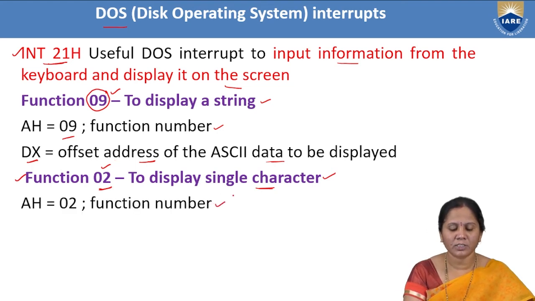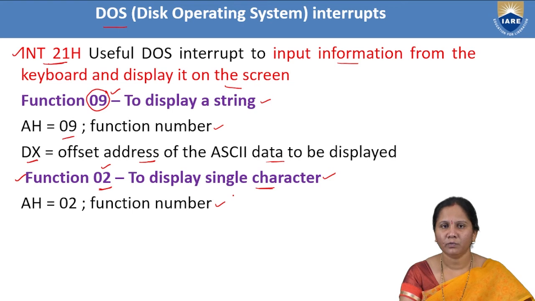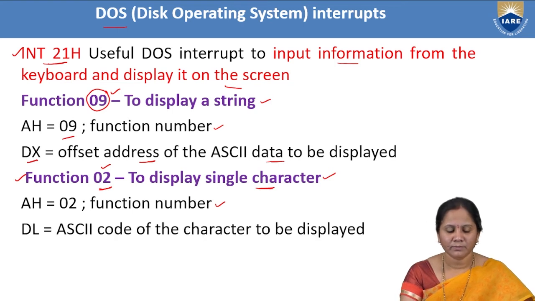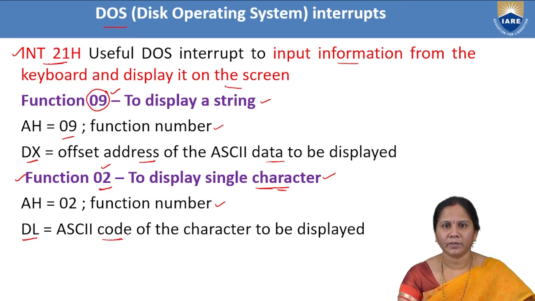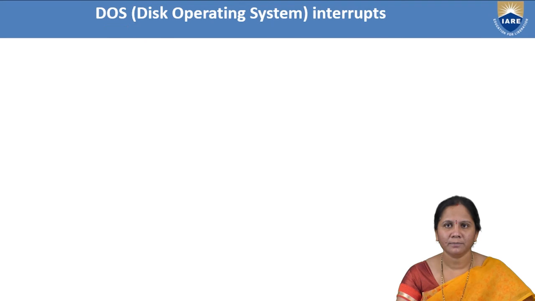This AH value 02 represents the function number. And the single character you see on the screen will be the DL register value. It will be the ASCII code of the character, and that ASCII value will be displayed on the screen.